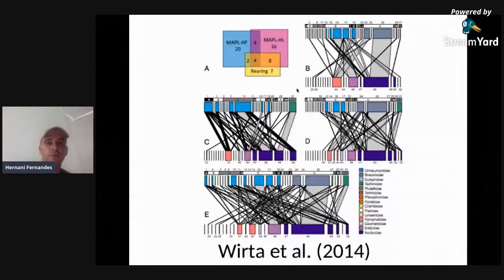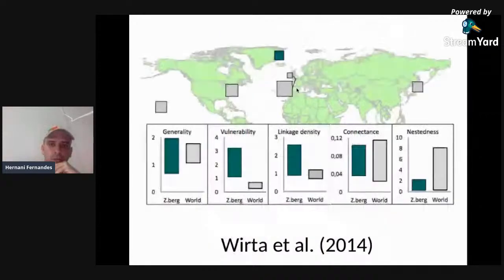And even after many years sampling this network, when they added molecular methods, they were still able to describe new interactions. It's a very simple system, with very few species, and when they added molecular methods, they found species that they hadn't detected before. So you can see that not only can you find more interactions, but the structure of the network also changes when you add molecular data to describe these interactions, as is being shown here.